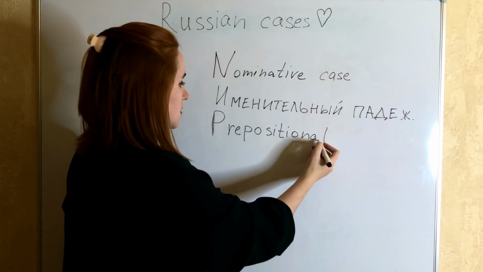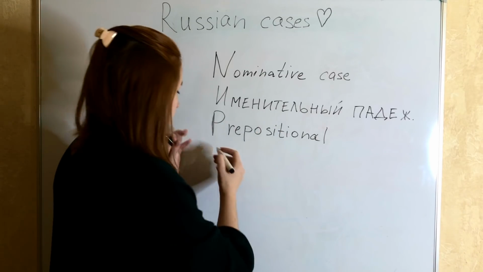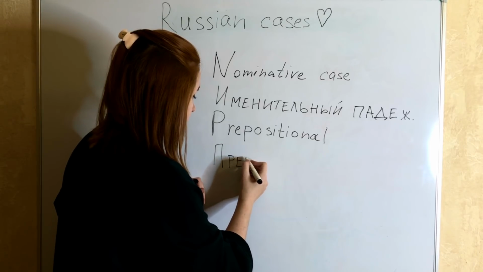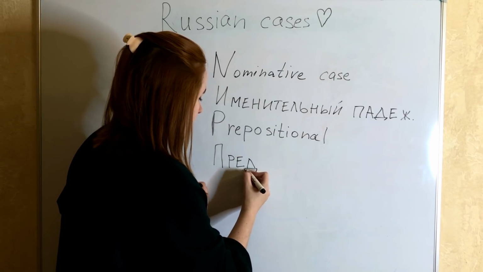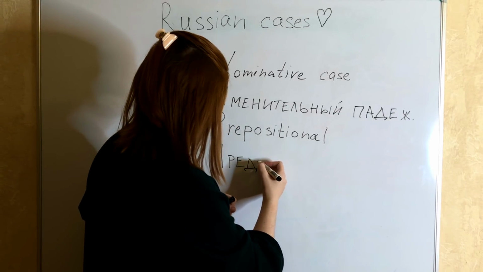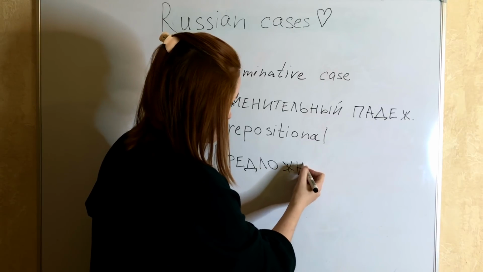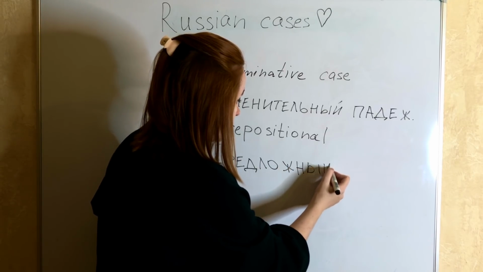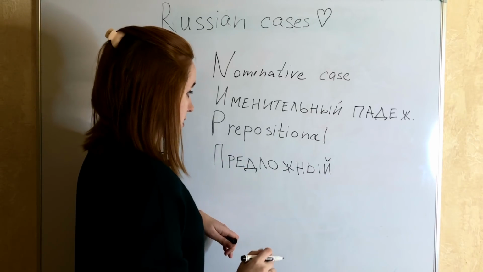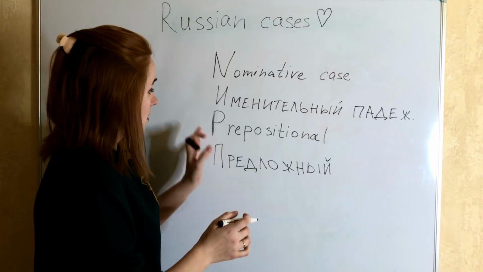Prepositional. Oh, I'm so bad today because I've been on vacation in Omsk for a month. So you can see how bad my pronunciation is and everything else together with it. Prepositional case, предложный падеж. We will talk about it in the next lesson.